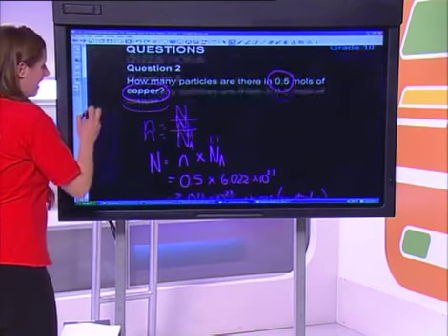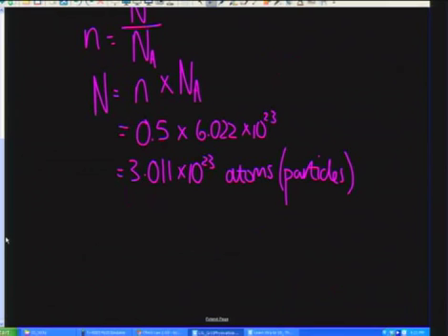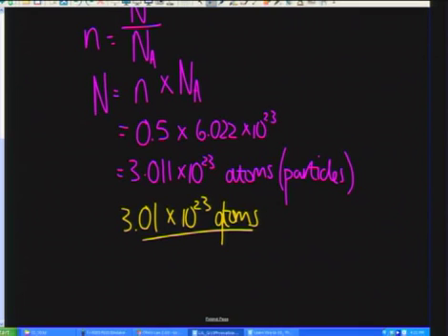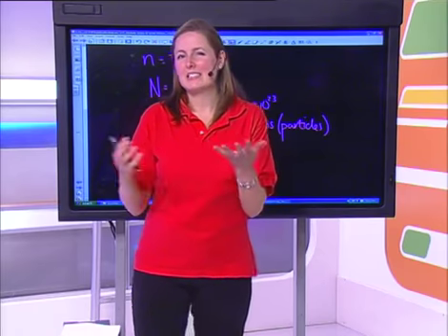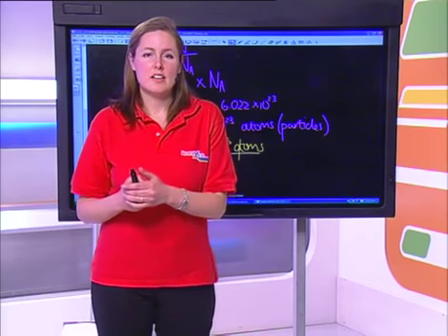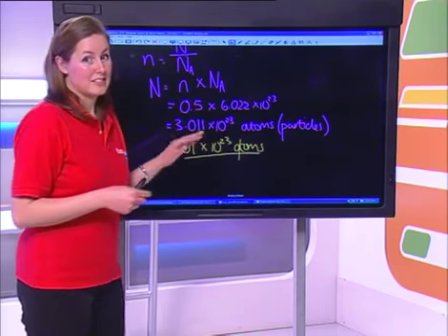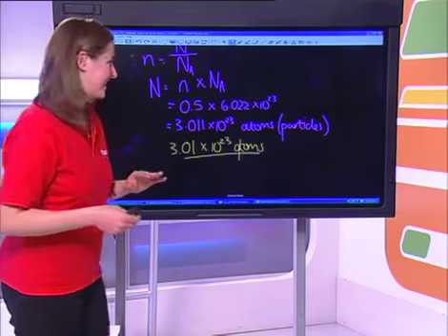I think it was 3.011 times 10 to the 23 atoms. Absolutely fine. 2 decimal places is usually what would be acceptable. Check with your teacher. I would be happy with 2 decimal places. Sometimes I'm just lazy though and don't round off. So sorry about that. Good question.